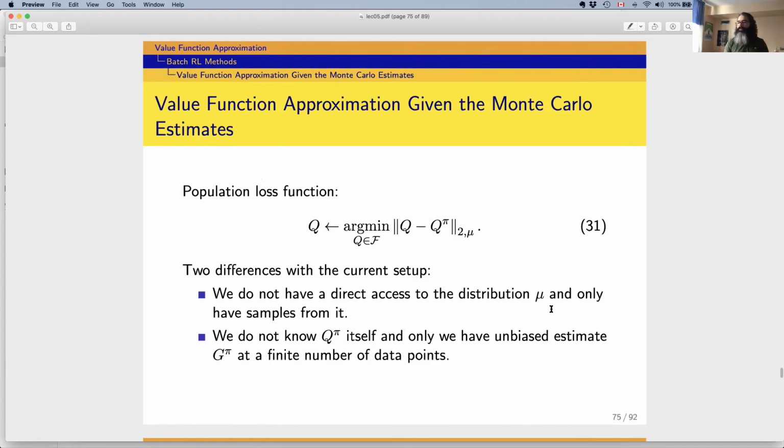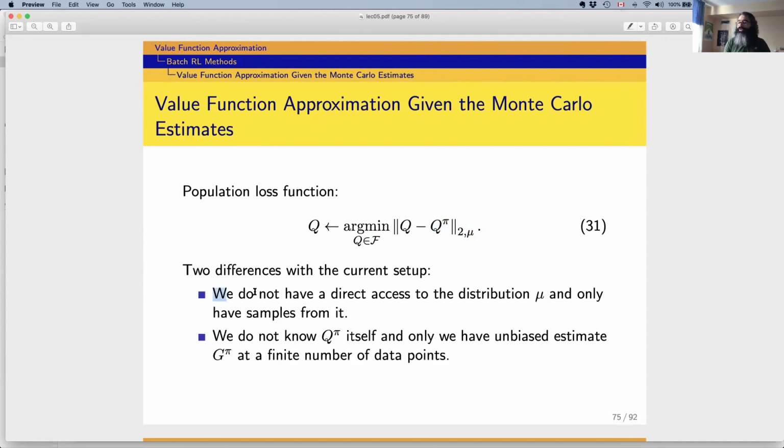In the previous lecture, I talked about the population version of this value function approximation, where we had Q^pi and wanted to find the Q in the function space that minimizes this L2 norm. Here we don't have Q^pi, and we don't have mu.